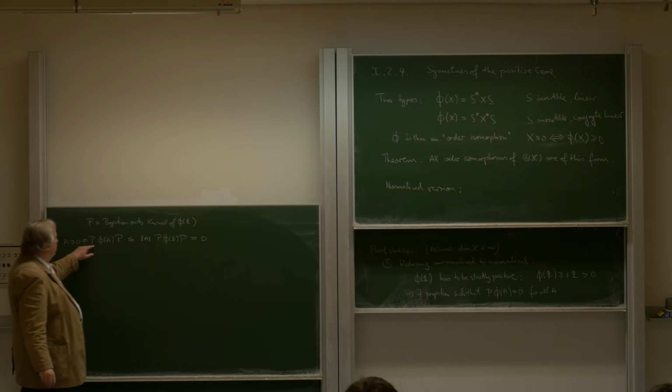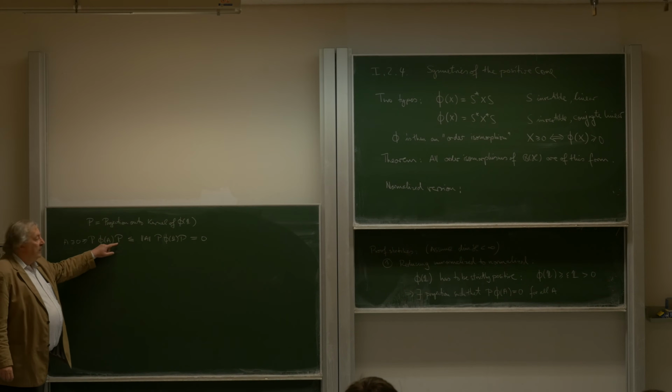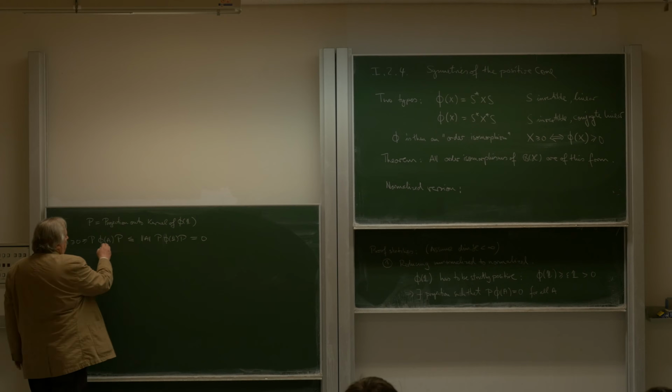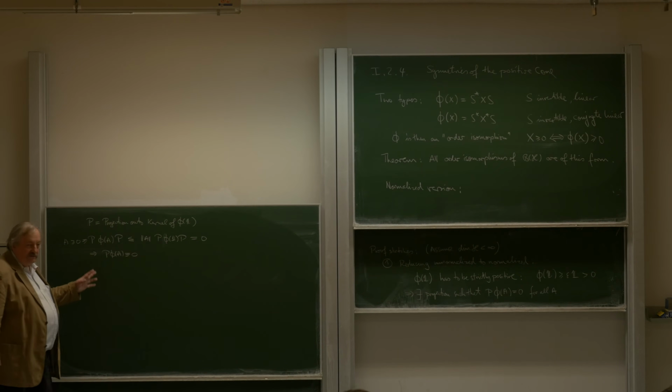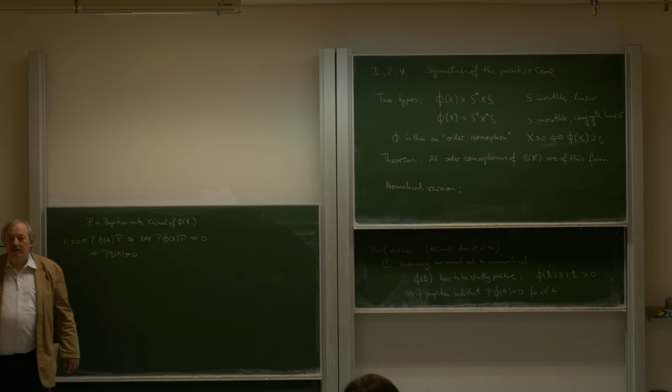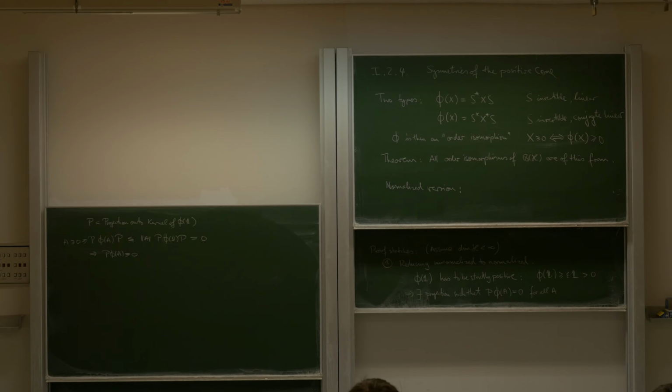So for all positive operators we would get this. Then in particular, because every positive operator has a square root, this implies that P times phi of A has to be identically 0 for positive operators, but then you extend by linearity and get that it has to be 0 altogether.